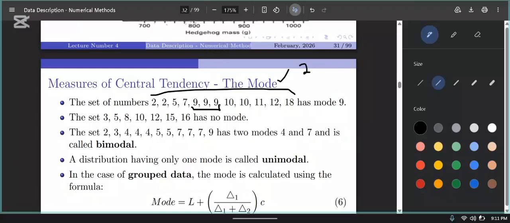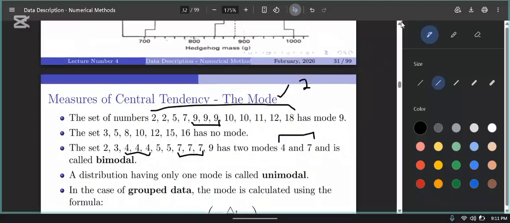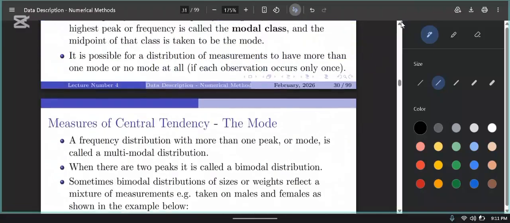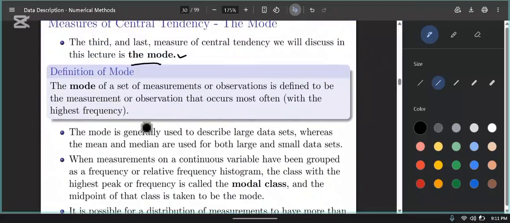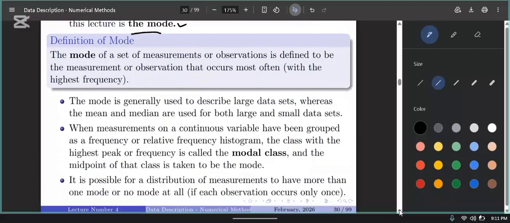For example here, 4 appears 3 times, 7 also appears 3 times, so your modes will be 4 and 7. For the mode, you just look at the number with the highest frequency, the one that was recorded the most, and that becomes your mode.